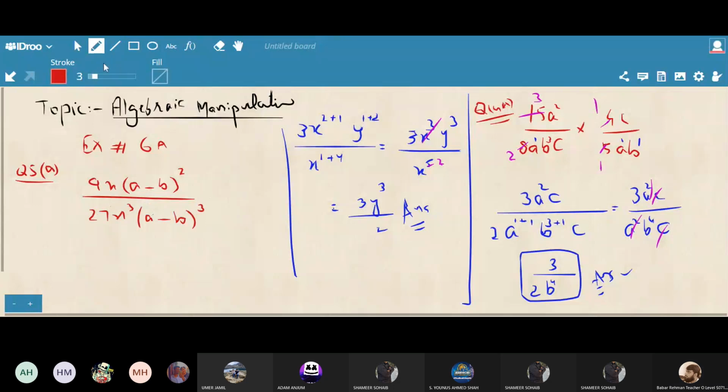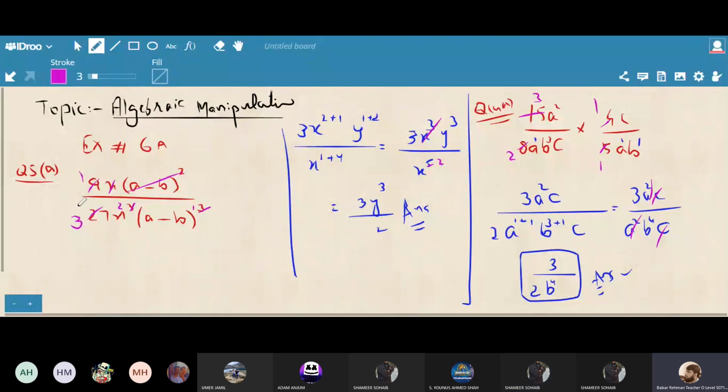Okay, students, now can we simplify numbers first? Yes, sir. 9 1 times 9, 3 times 9, 27. X cancel, and how many x are left over here? 2. Okay, over here the a minus b expression is written twice, and over here it is written 3 times. So I can cancel it and write it 1 time.